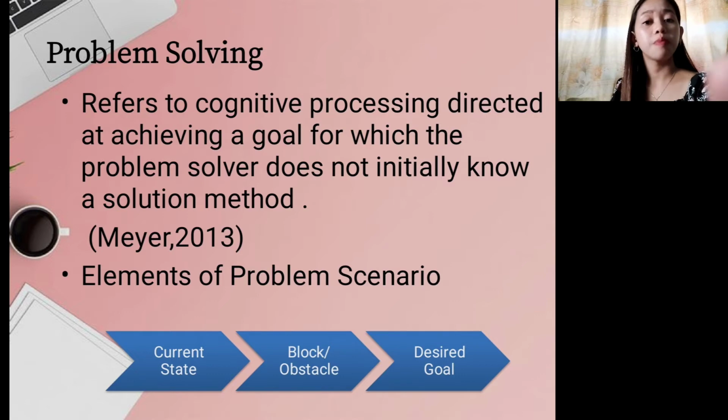So us, as a future teacher, it is necessary that we are able to equip to help our students develop their problem-solving skills so that they are not just learning the concept in the classroom, but rather we are already preparing them cognitively to the real-life situation that possibly happened to their life.